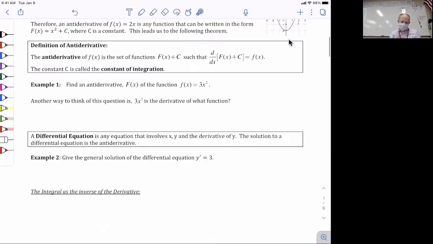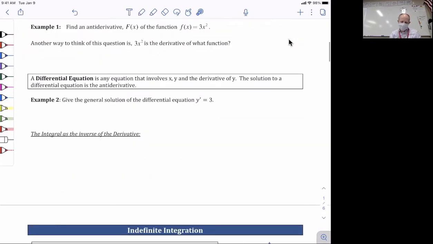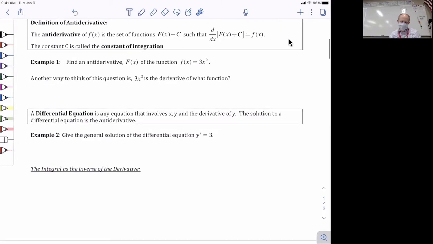So let's try some of this here. Let's see if we can find an antiderivative, capital F at x, of the function f at x equals 3x squared. And another way to think of this is to say 3x squared is the derivative of what function? Okay, so we're trying to look for what that function might be.